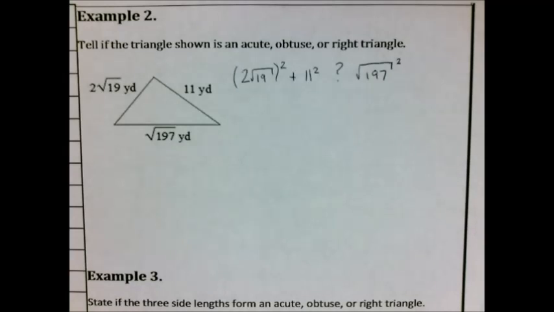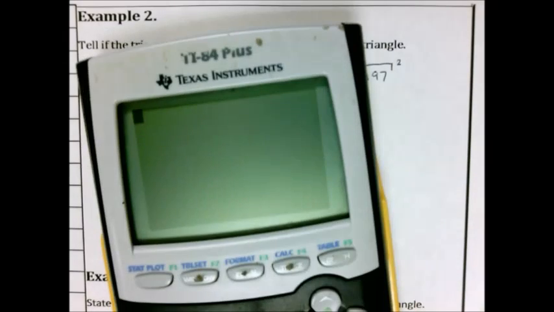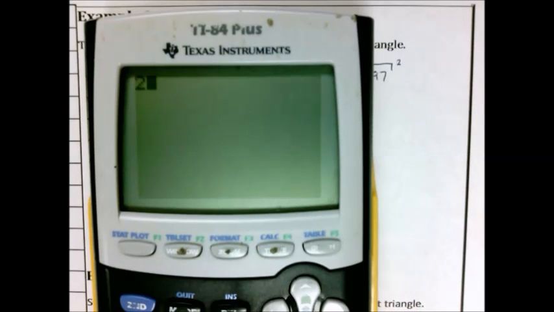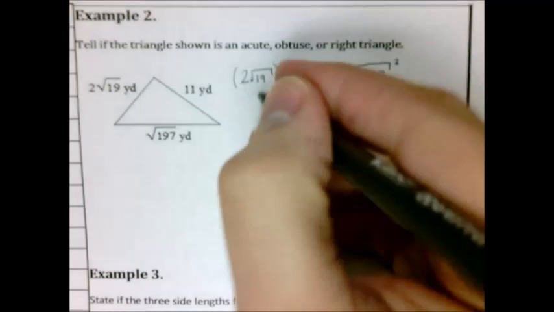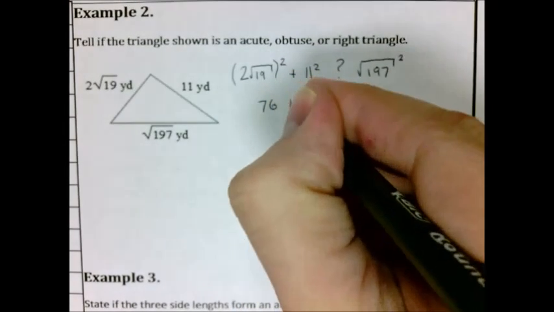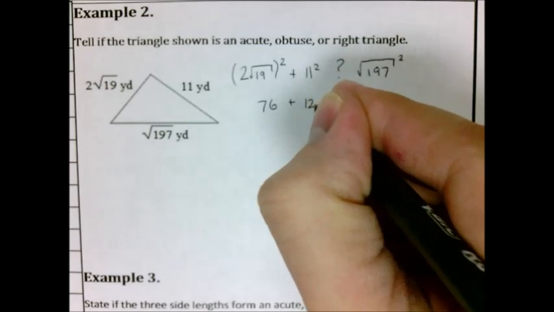Alright, so let's go ahead and solve this. 2 times the square root of 19, squared. I'm not exactly sure what that is, so let's use our calculator. We've got 2 times the square root of 19, and then we're squaring that. We find that that is 76. So 76 plus 11 squared, which is 121.